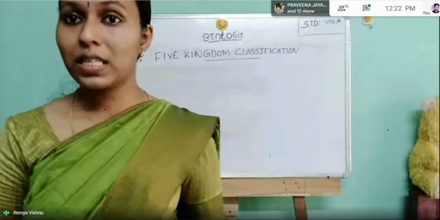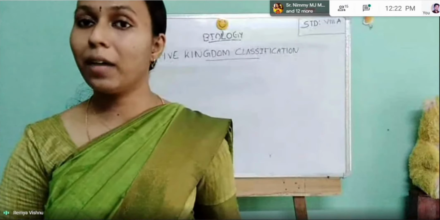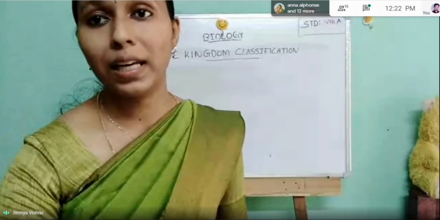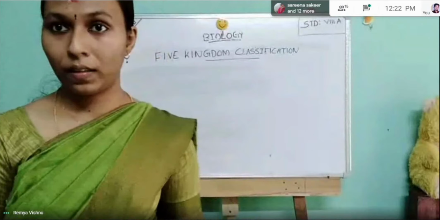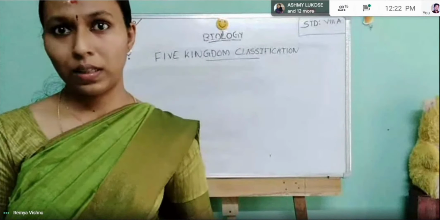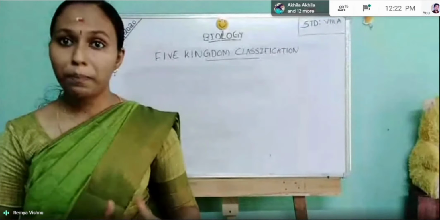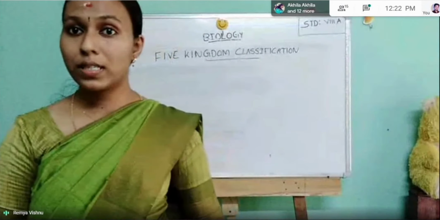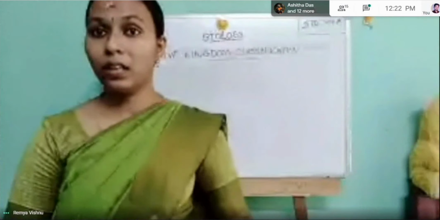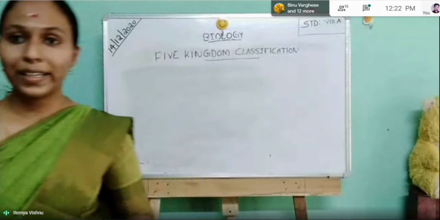And the next question is, what are the differences of kingdom Plantae and kingdom Animalia? Kingdom Plantae includes plants and kingdom Animalia includes animals. Plants are non-motile and animals have the capacity of locomotion. Okay, very good. Are you clear?